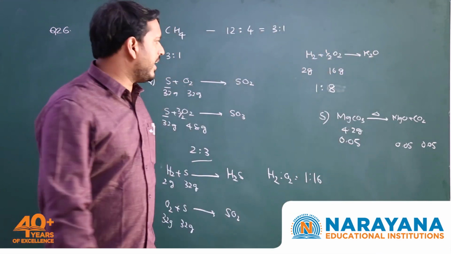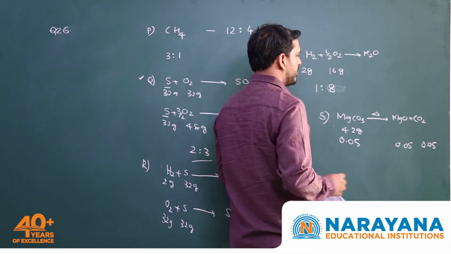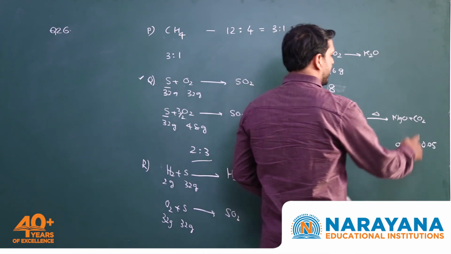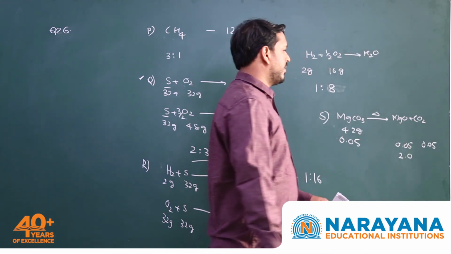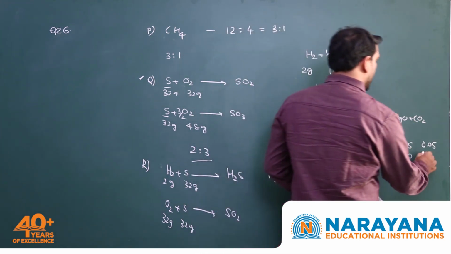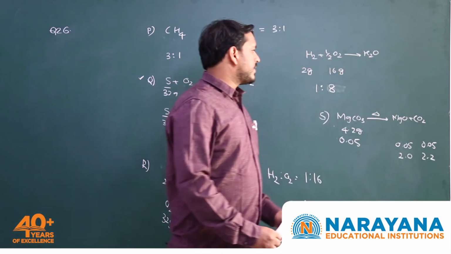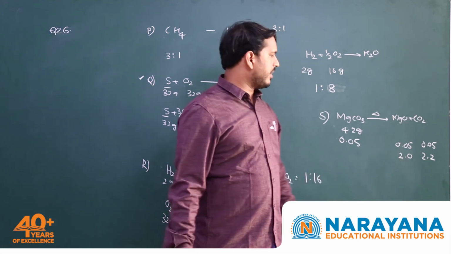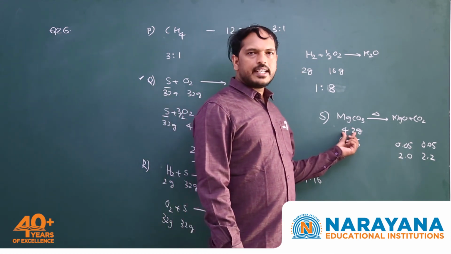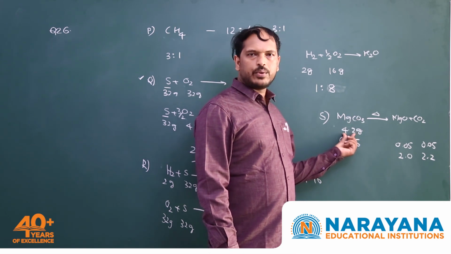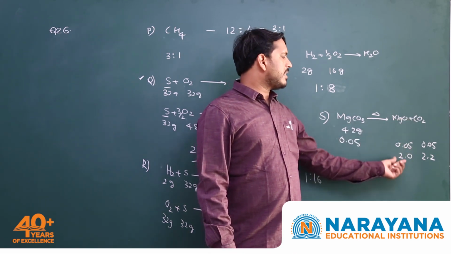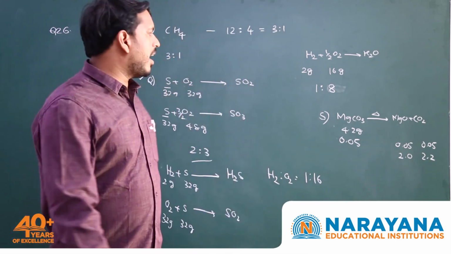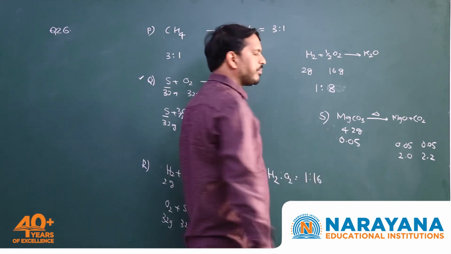So, if you calculate weights, this is 4.2 grams, this is 2.0 grams, the molar weight of CO2 is how much? 44. So we'll get it as 2.2 grams. So the weight of residue, magnesium oxide, that is 2.0 grams, is given in the question. So if you see the weight of reactants, that is magnesium carbonate 4.2 grams, and the weight of products is also 4.2 grams. So this reaction supports the law of conservation of mass.